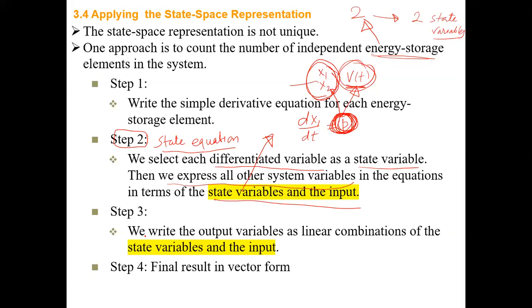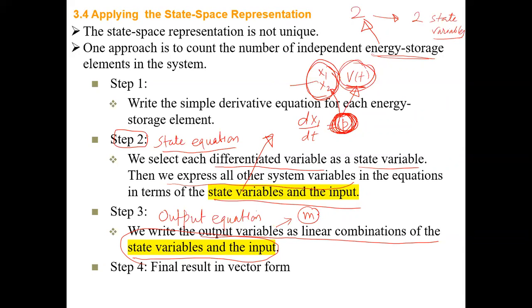Now, what else do you need? Besides the state equation, you also need the output equation, right? This step 3 gives you the output equation. It means write the output variables as linear combinations of state variables and input again. Suppose your output variable is, let's say, m.